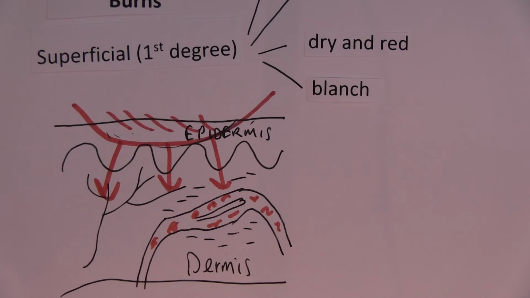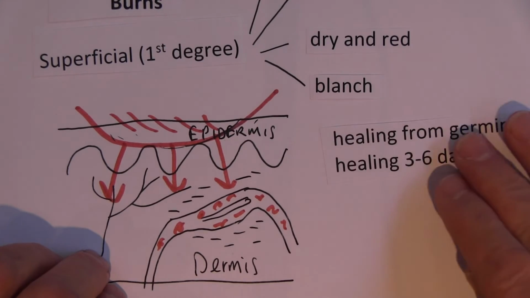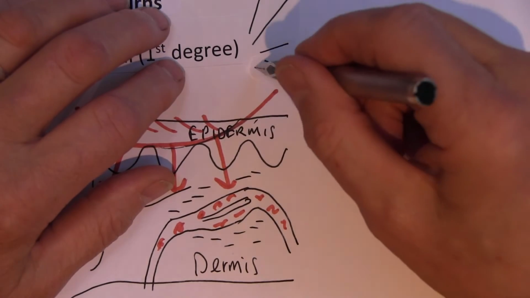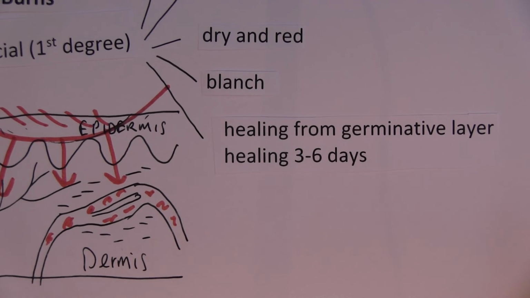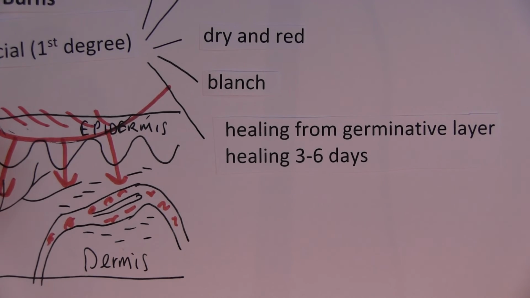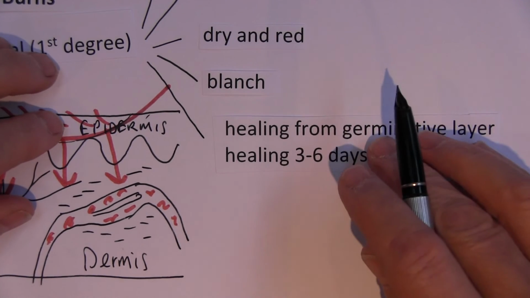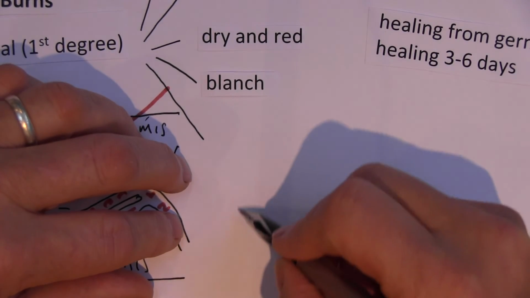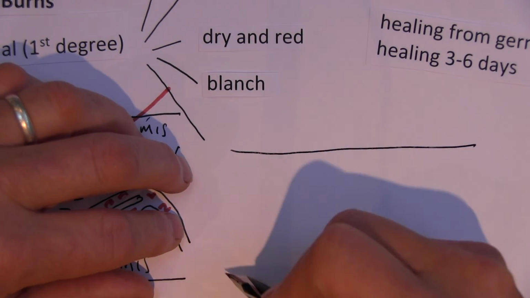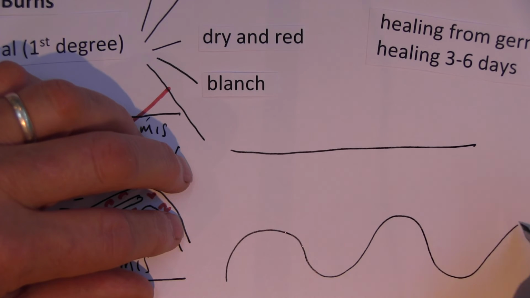And the healing is from the germinative layer of the skin, and normally takes about 3 to 6 days to get fairly good healing. Now the germinative layer in the skin is, if we imagine the boundary between the dermis and the surface of the skin, the boundary between the epidermis and the dermis there.